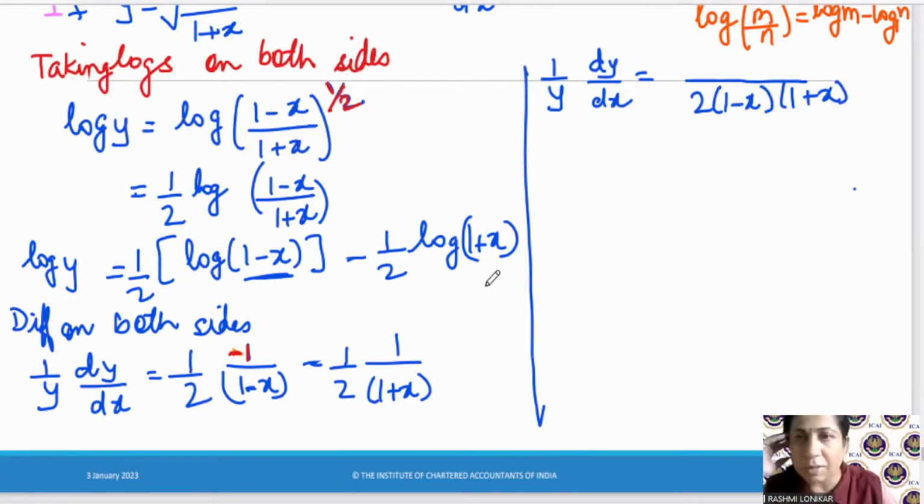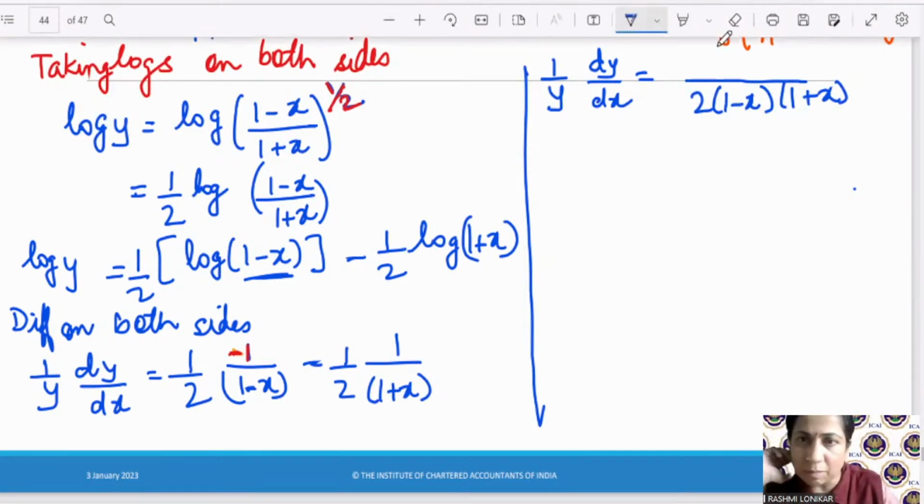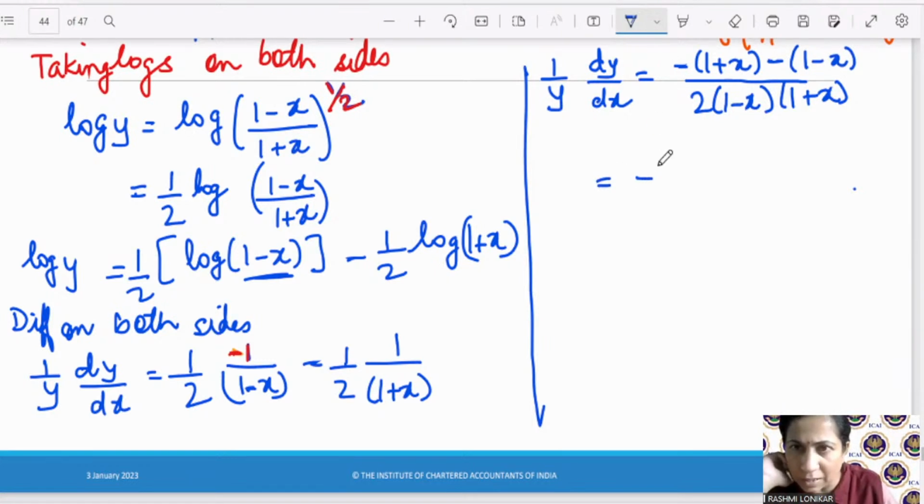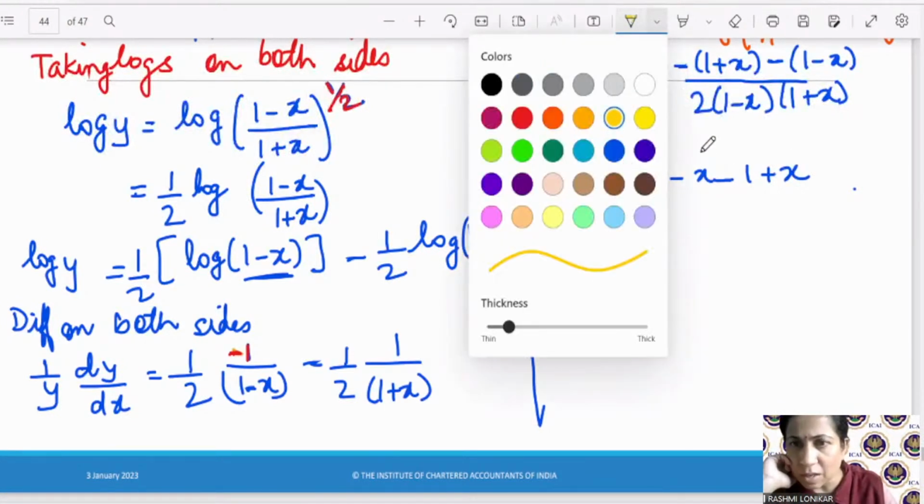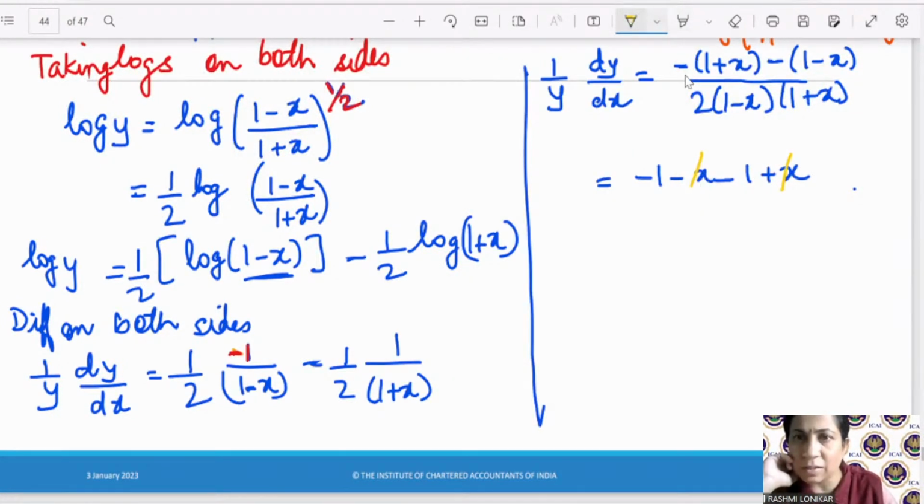So cross multiplication will become minus (1 plus x) minus (1 minus x), which is equal to minus 1 minus x minus 1 plus x. Minus x plus x will get cancelled, and I am left with this upon 2 (1 minus x) into (1 plus x).